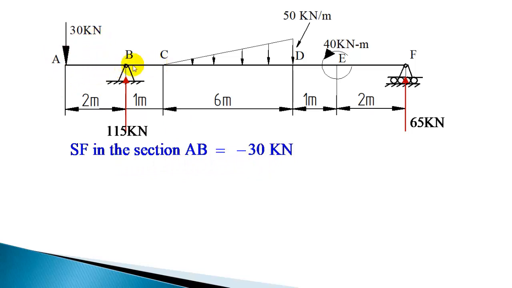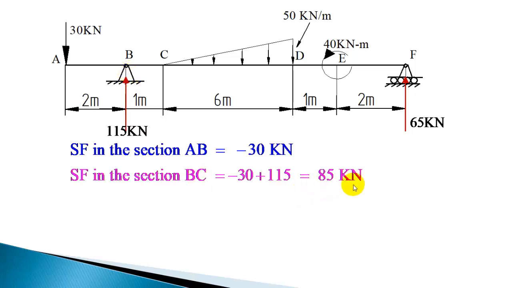Similarly, between B and C also there is no load acting, so the shear force is going to be constant. When you take a section, there are two loads, minus 30 and this upward load plus 115. So shear force in this section is minus 30 plus 115, which will give 85 kilonewton.